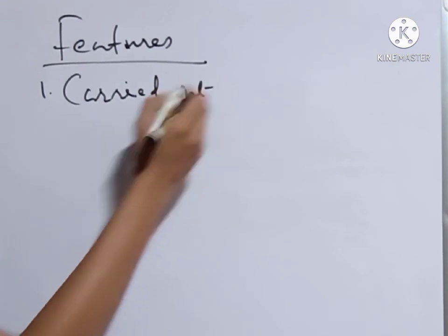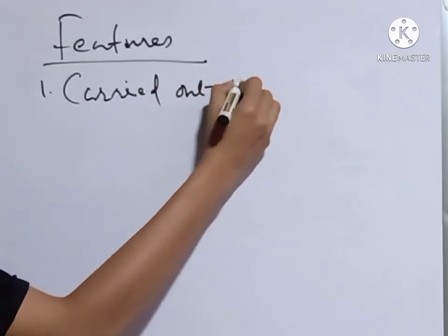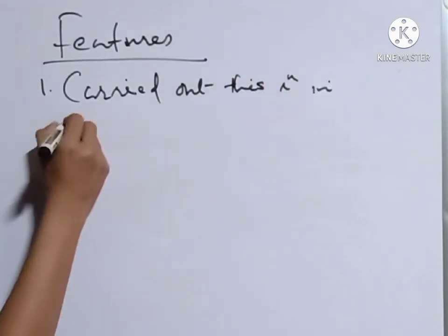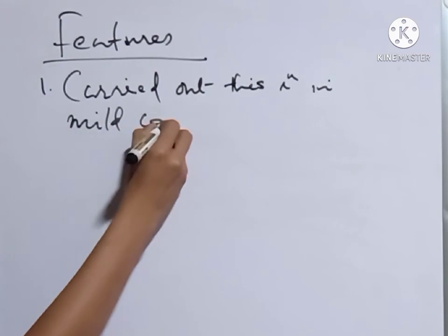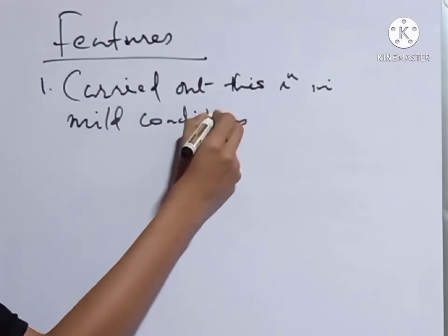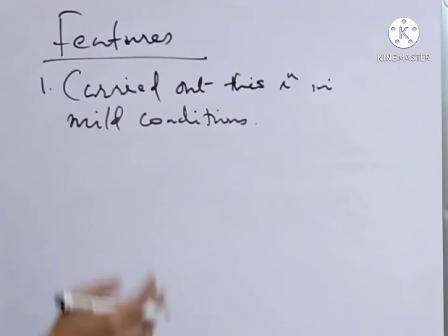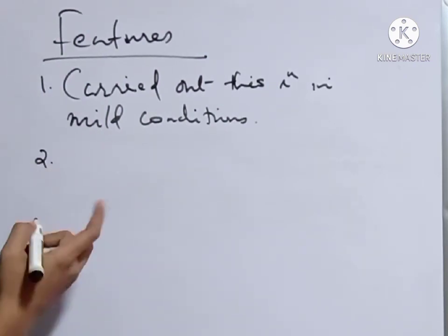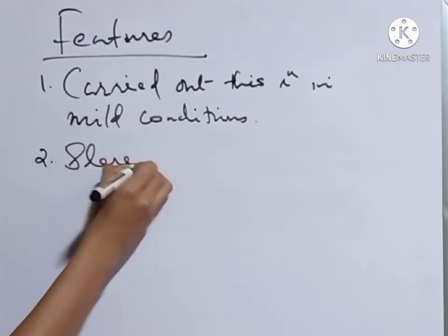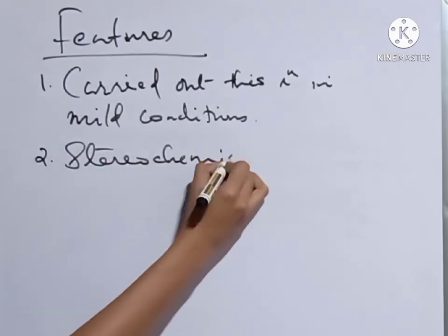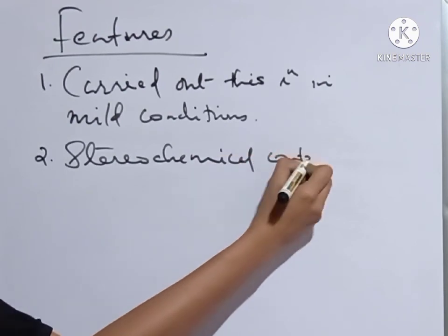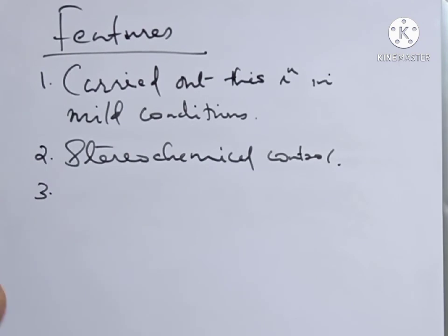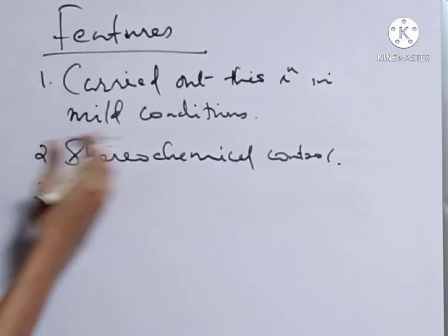So we can carry out this reaction in mild conditions, such as low pressure and room temperature, etc. Its stereochemical control is very high. Stereochemical control is very high. And hence we can prepare the desired polymer by using this reaction.